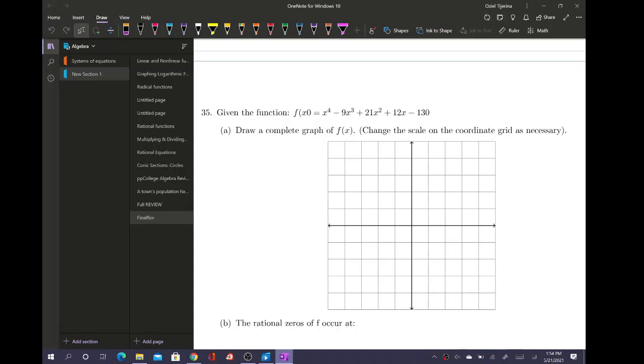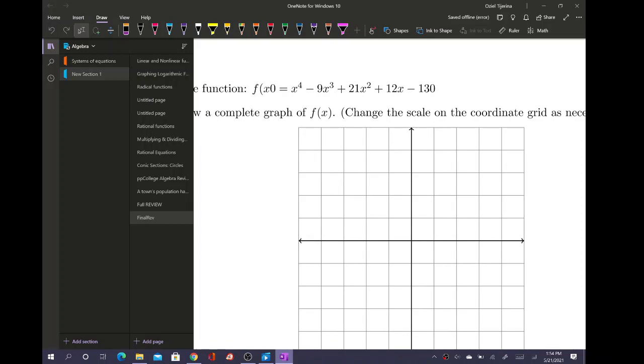Okay, so how I'm going to do this is, obviously, the y-intercept is negative 130.